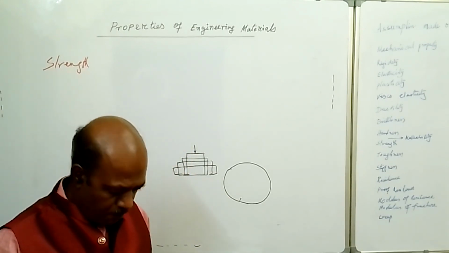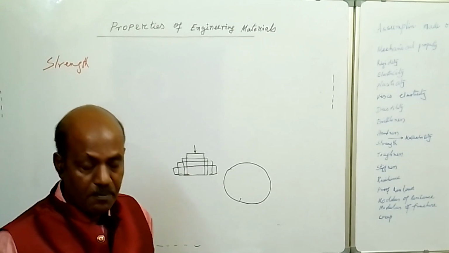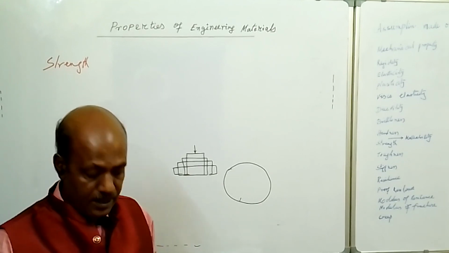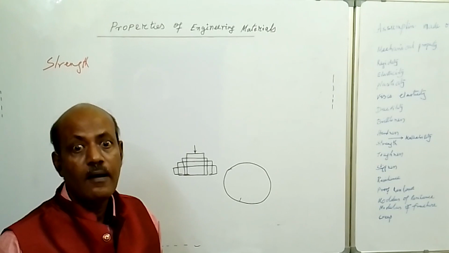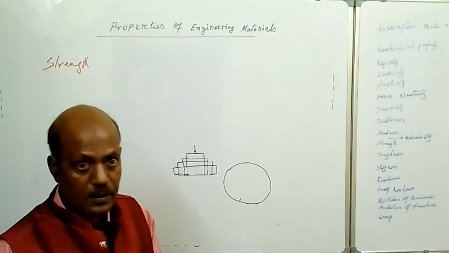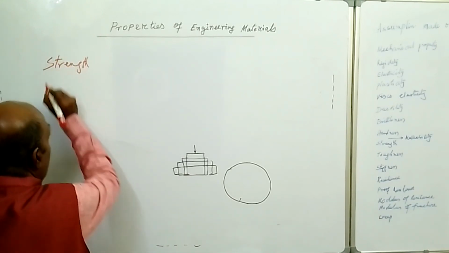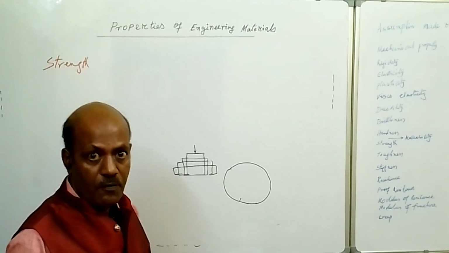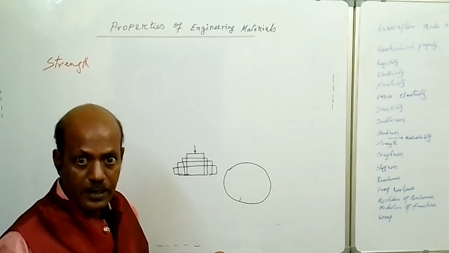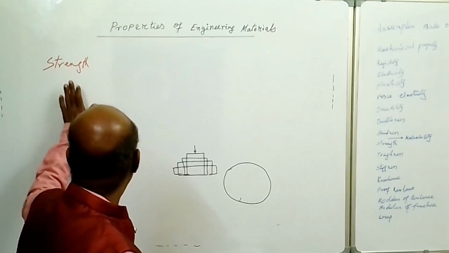This is the inherent property of the body by virtue of which the body can resist the maximum resistance before failure. So the maximum resistance offered by a body before failure is called the strength.